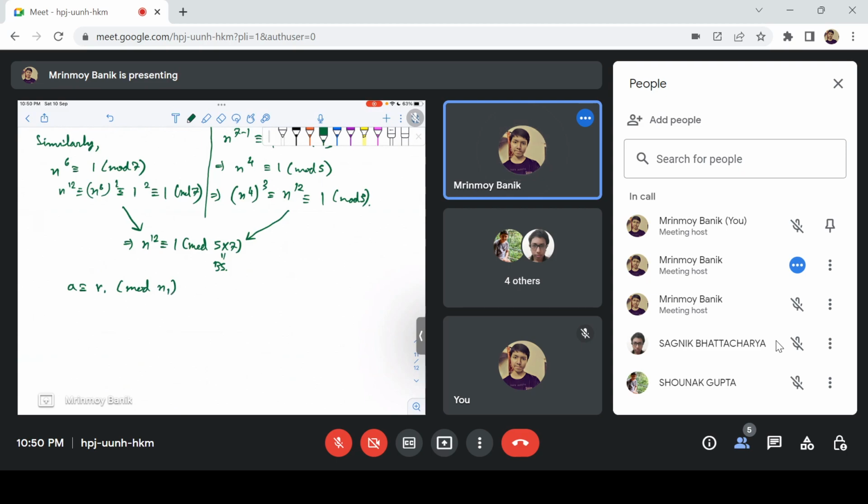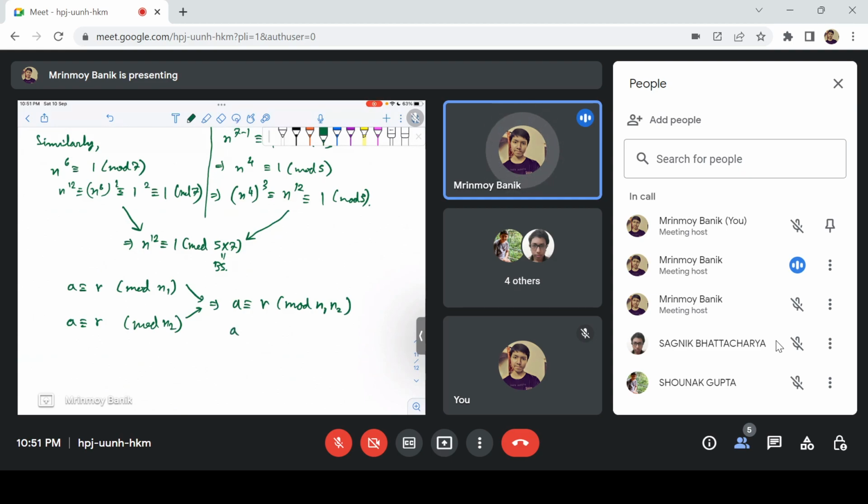If A is congruent to R both modulo N1 and N2, then A is congruent to R mod N1 times N2.